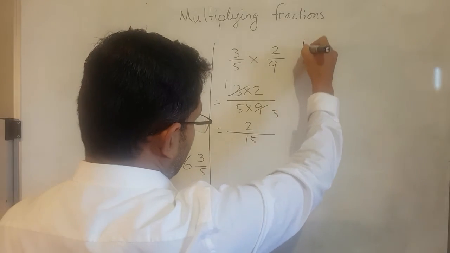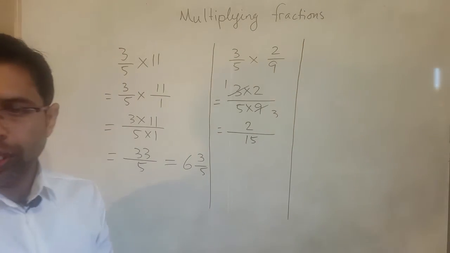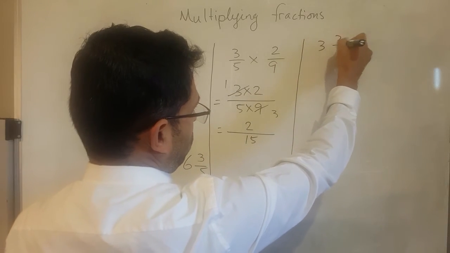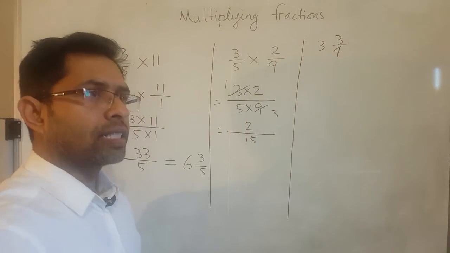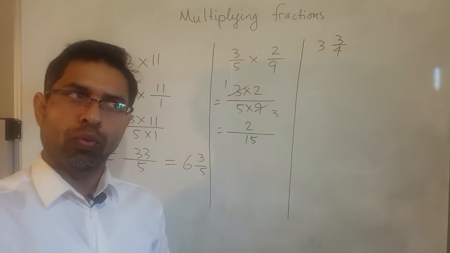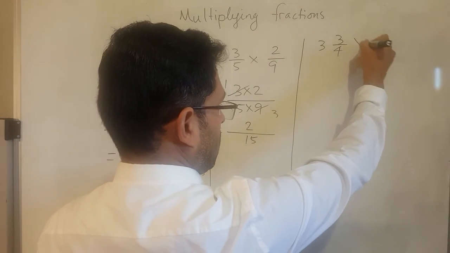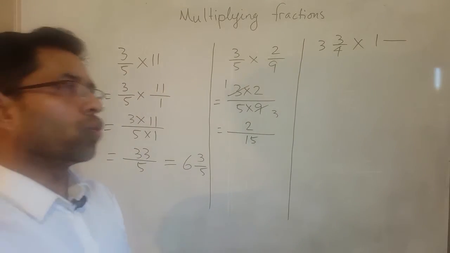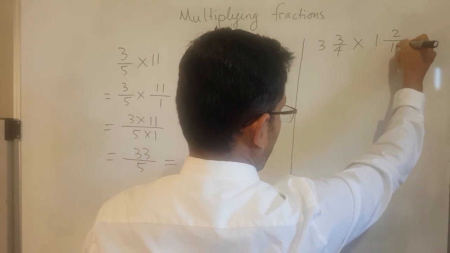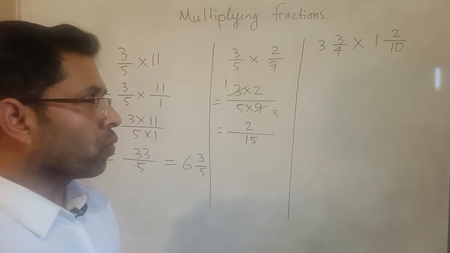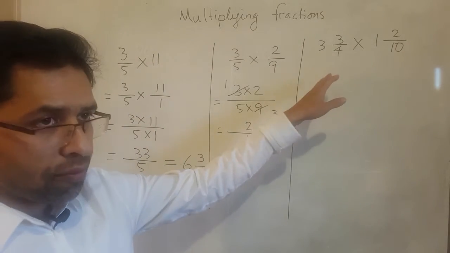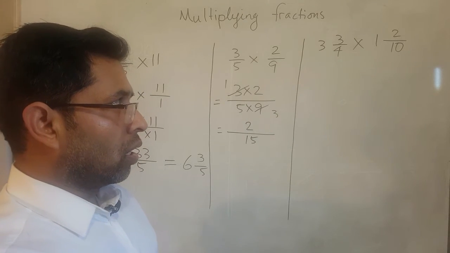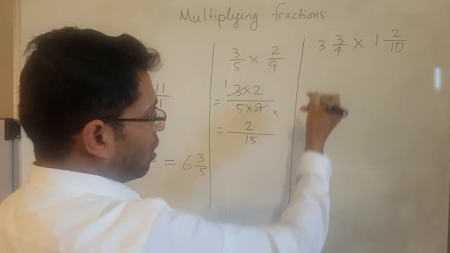If you look at another example, if the question comes as a mixed number, like 3 and 3 over 4 times 1 and 2 over 10, then what can we do? The first step in this case is to convert the mixed number to an improper fraction.